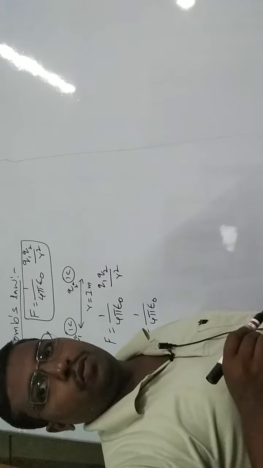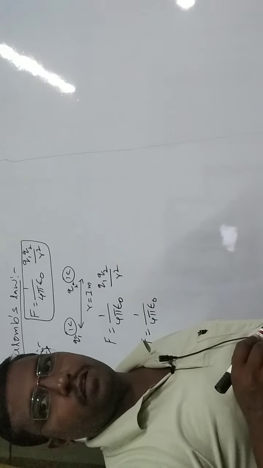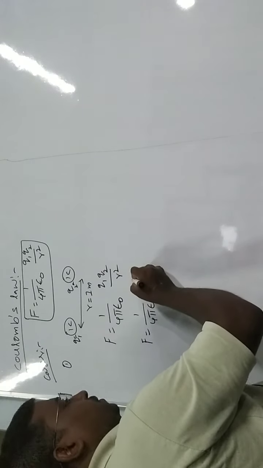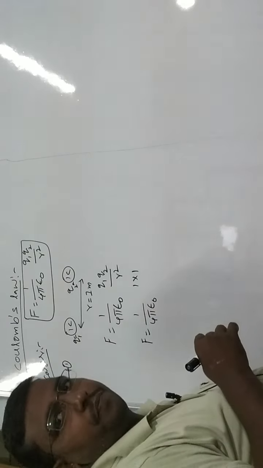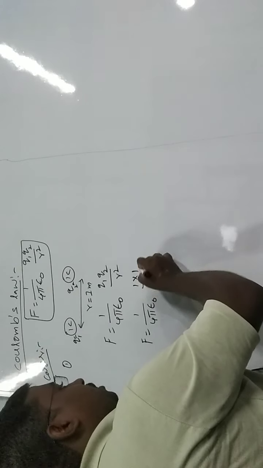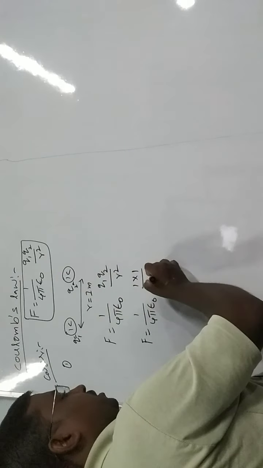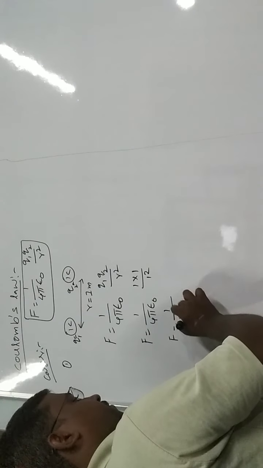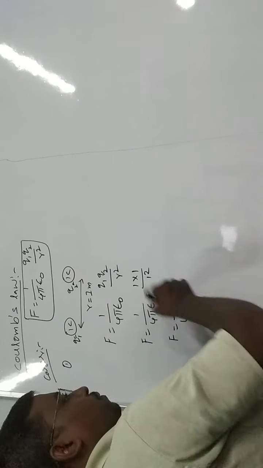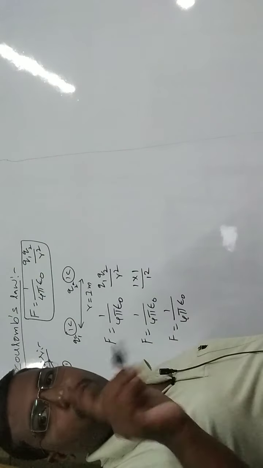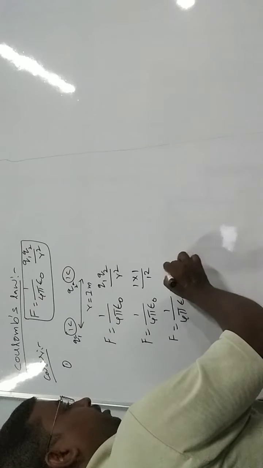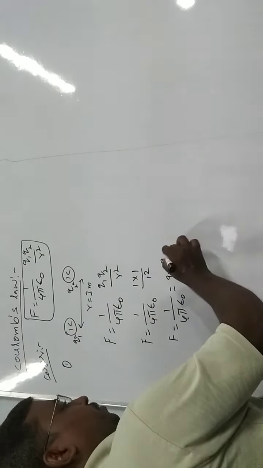Both are unit coulomb charges, that is 1 coulomb and 1 coulomb. And R square, the distance being 1 meter, is 1 square. Therefore, F equal to 1 by 4 pi epsilon naught into 1 by 1 equal to 1. Therefore, the F value is equal to 9 into 10 power 9 newtons.